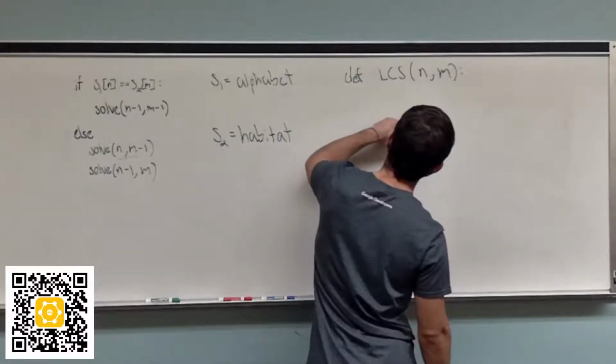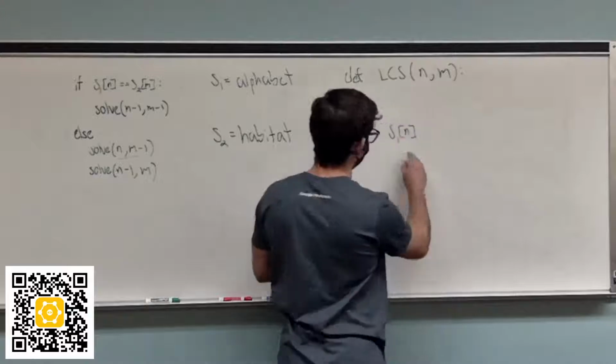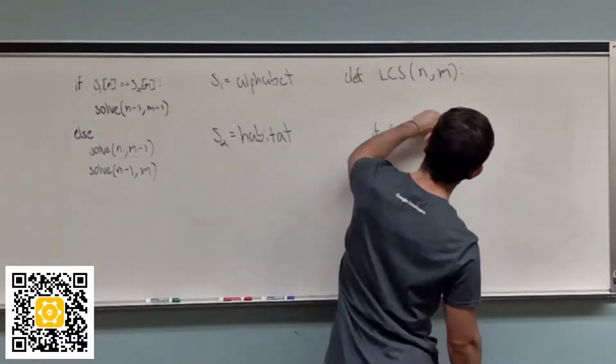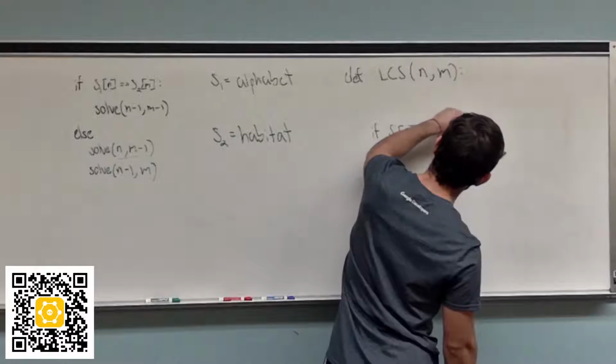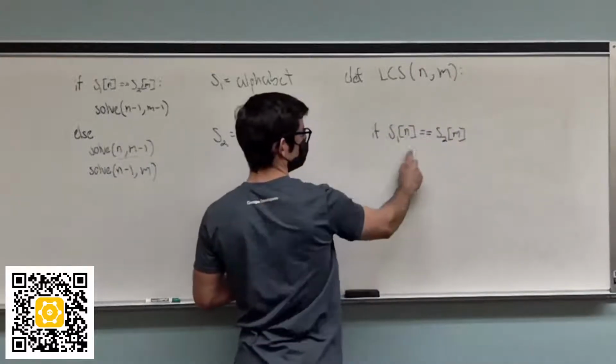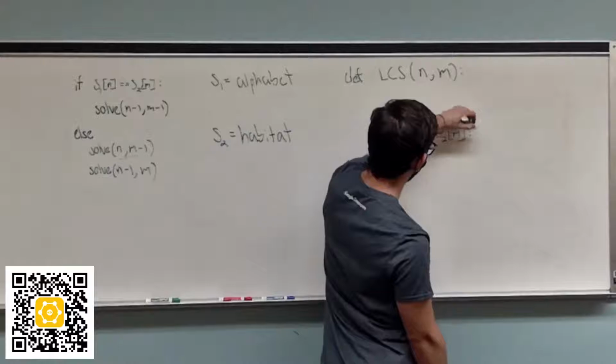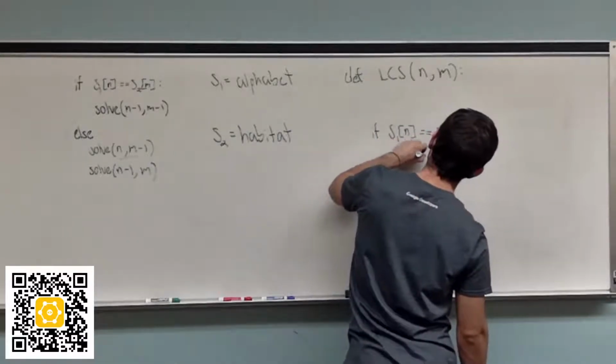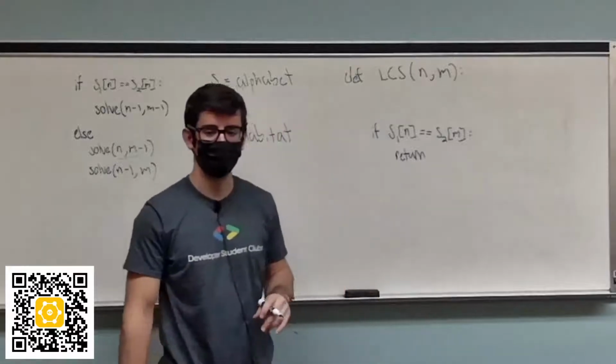If S1 at index n, if that character is equal to S2 at index m, if these two characters are equal to each other, then let's return what? Don't say it.